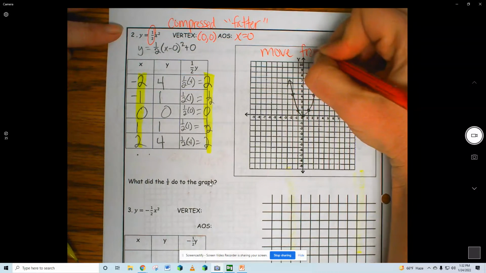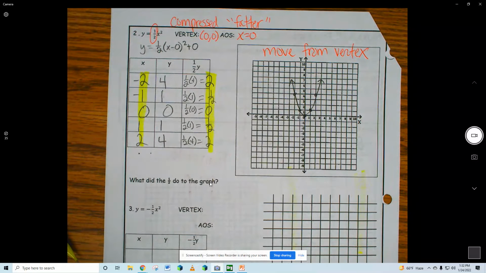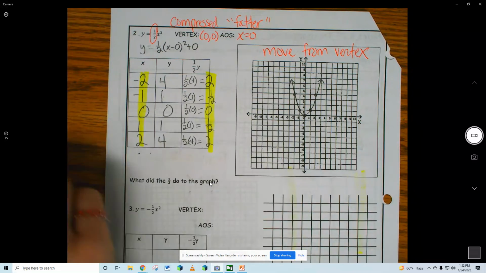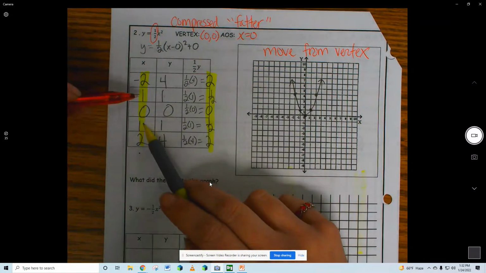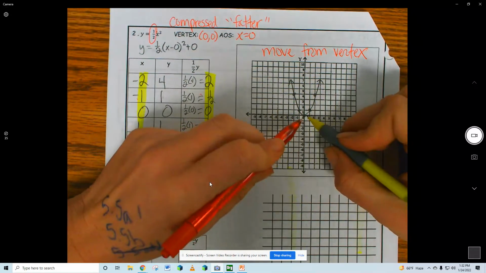Move from your vertex. My vertex is 0, 0 because there's no H and K. In both directions. Over 1, up a half. Up a half a box is like halfway there.